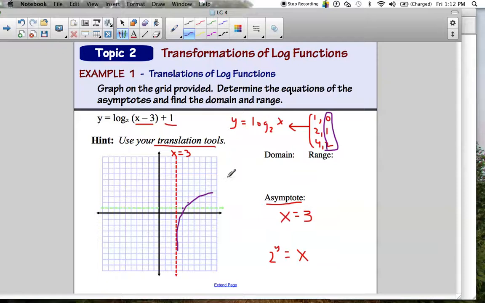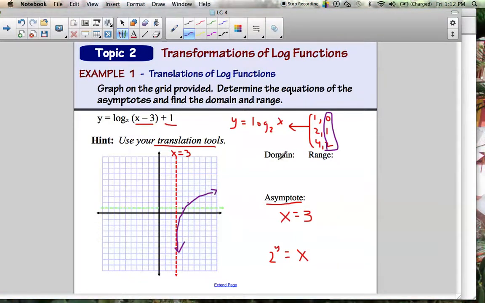So there is a sketch. Now once you have a sketch, you know that the domain comes from this asymptote. So we say x, numbers greater than 3, and the range is all real.